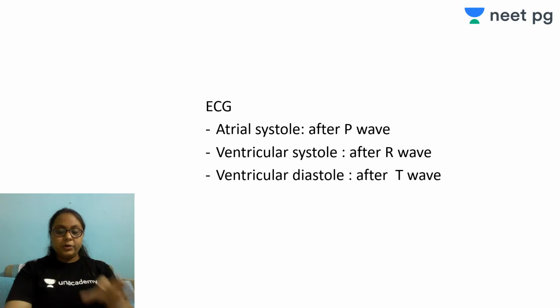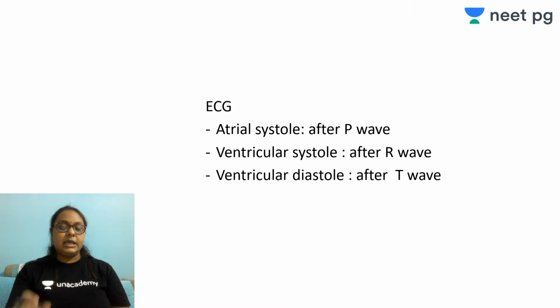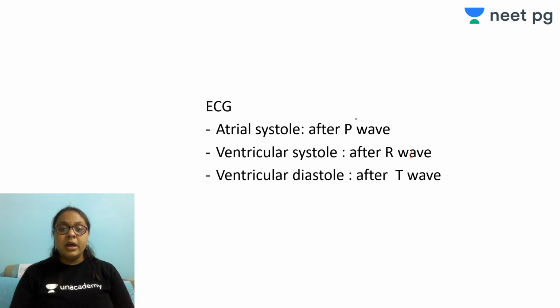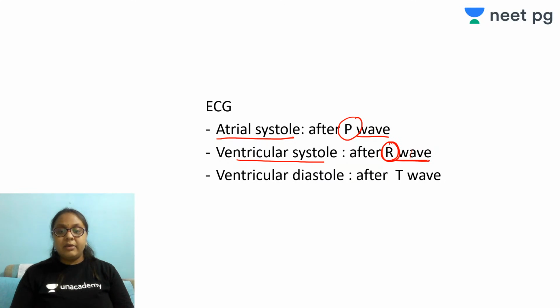Now I told you about the cardiac cycle, then I told you about the sounds. Now in the ECG, the P wave is because of the atrial systole, so atrial systole is after the P wave. Ventricular systole is after the peak of the R wave, and ventricular diastole is the T wave.